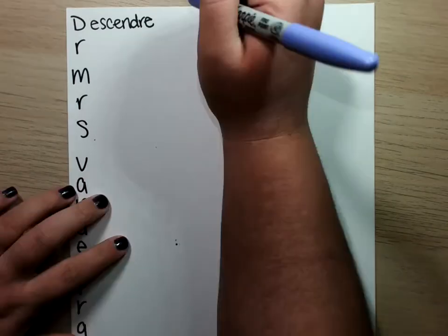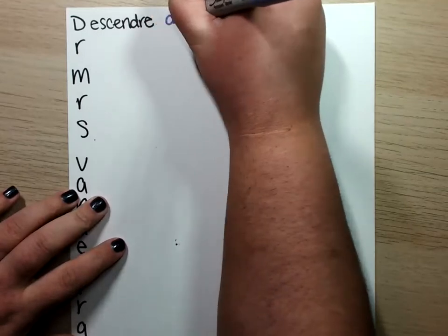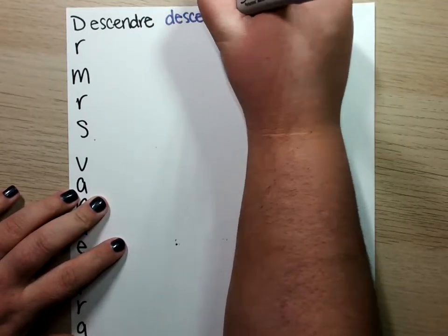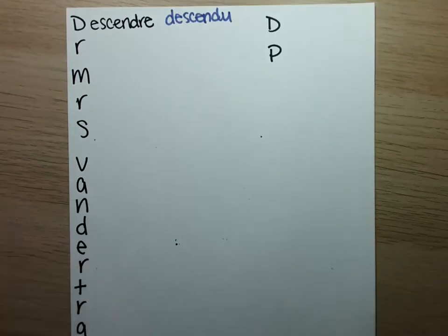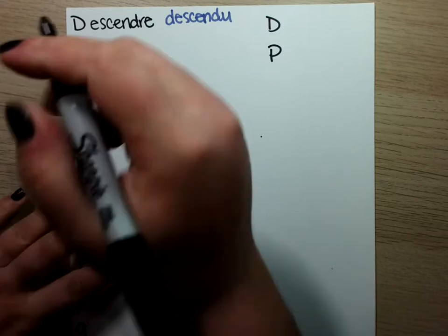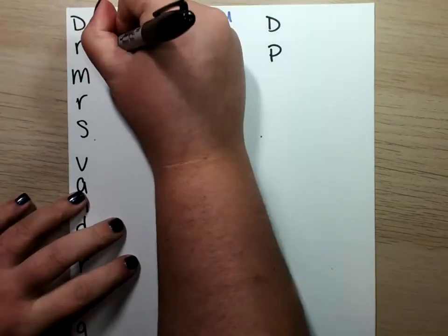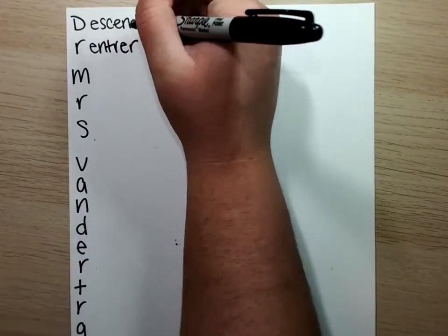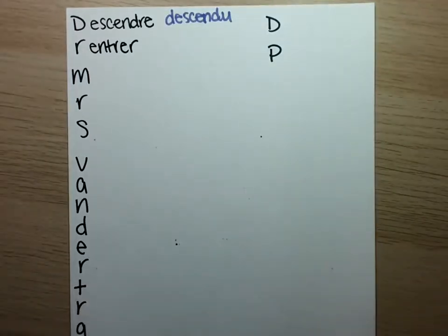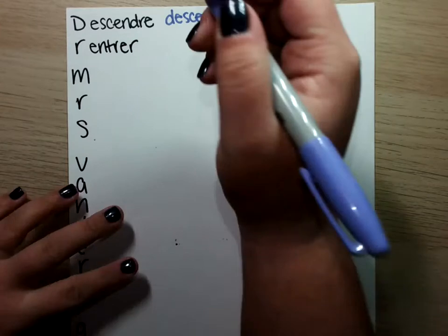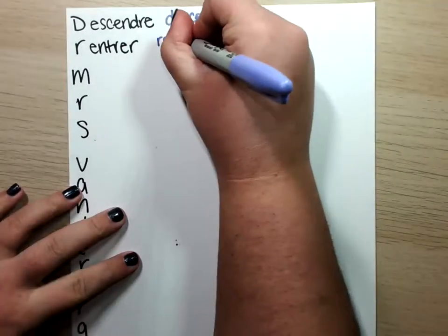So descendre is nice and it follows the rule, so it's descendu. Next verb that we have starts with R, and that is rentrer. Rentrer is nice because it follows that rule, and so the past participle kind of sounds just the same.